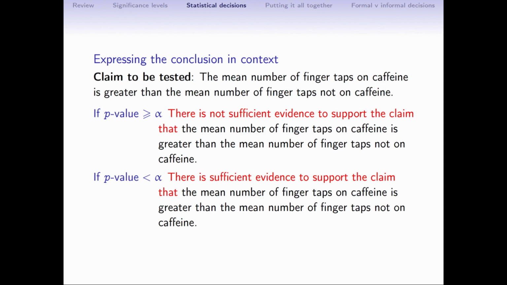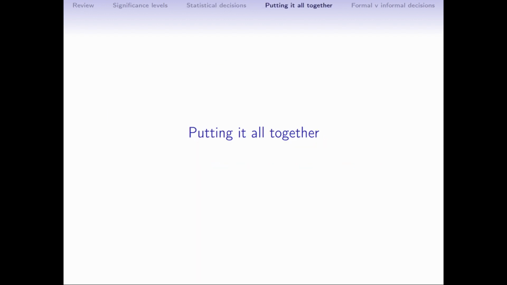So really what we have to pay attention to are these two clauses in red. There is not sufficient evidence to support the claim that, or there is sufficient evidence to support the claim that. The text in black comes directly from our claim to be tested. All right, let's take a look at putting all of this together in the context of a couple of examples.